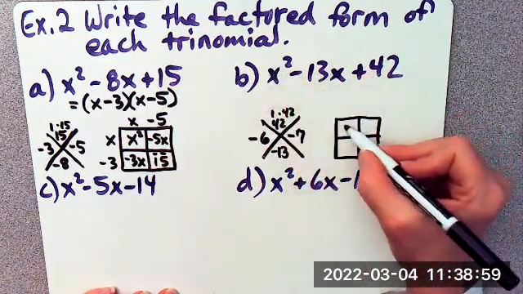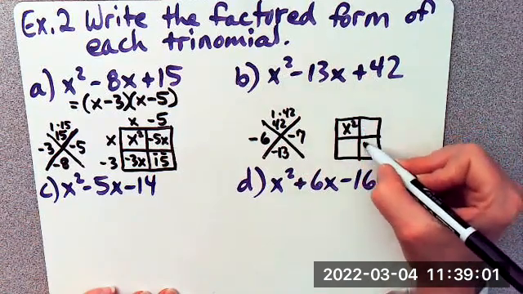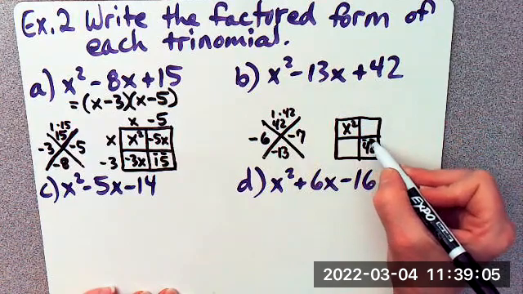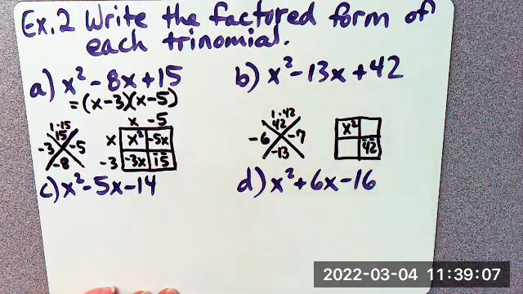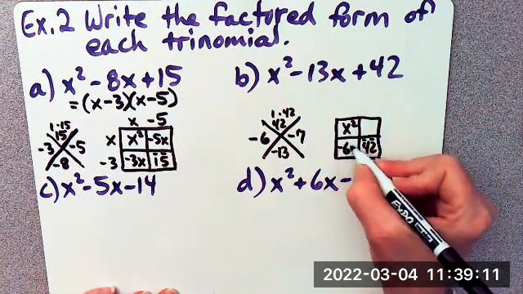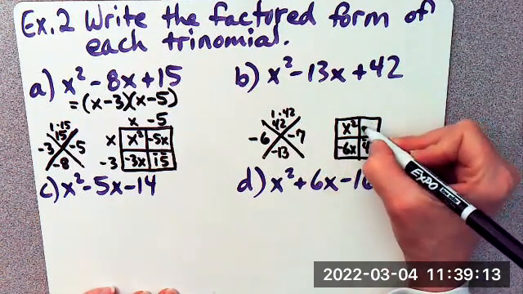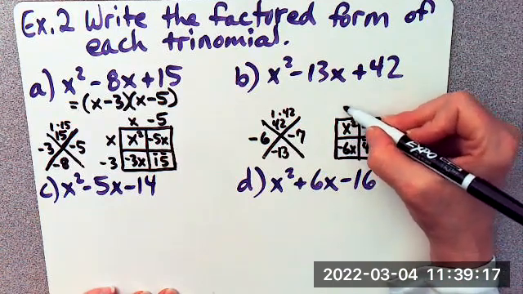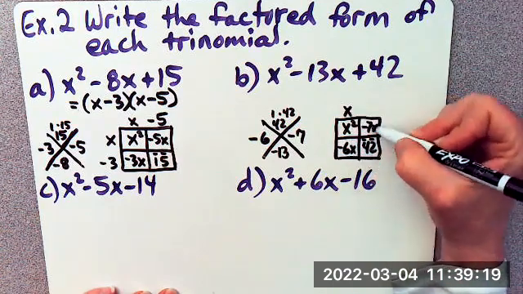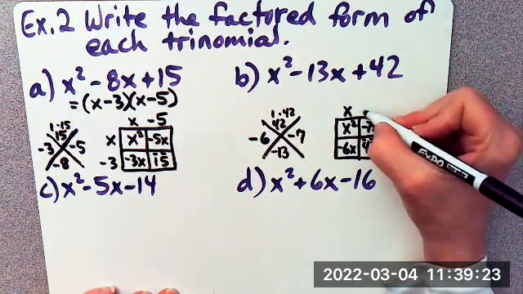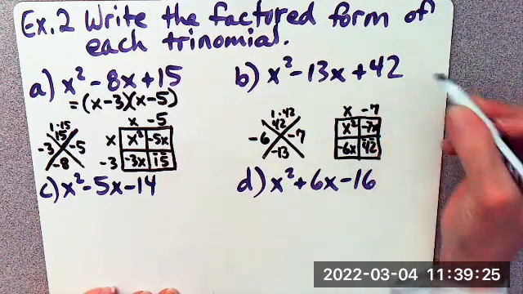And we put the first term here, x squared, and 42 here. This is going to be negative, and we put a negative to remember that 2 negatives made that positive. So negative 6x and negative 7x. So now we have a greatest common factor here of x, a greatest common factor between negative 7x and negative 42 would be negative 7.